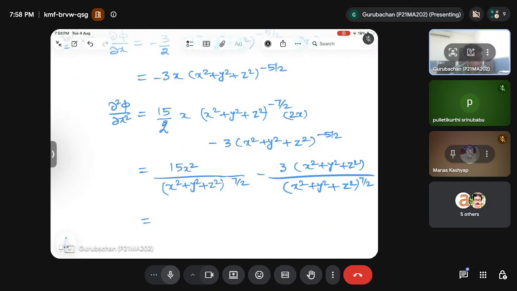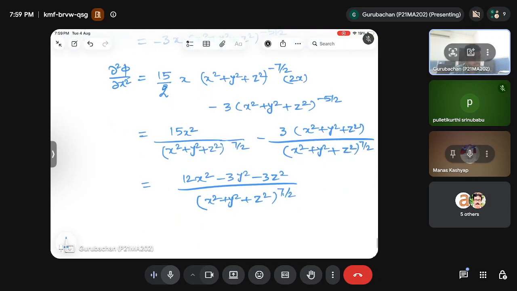This will give us 12 times x square minus 3 times y square minus 3 times z square divided by (x square plus y square plus z square) power 7 by 2. Is this clear?